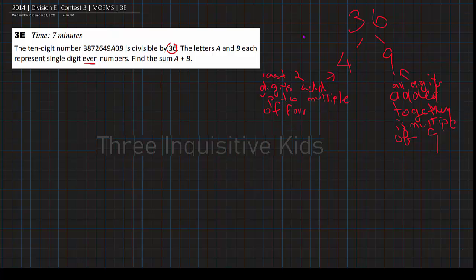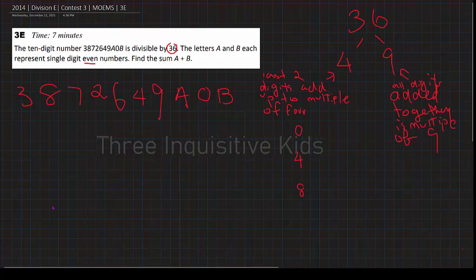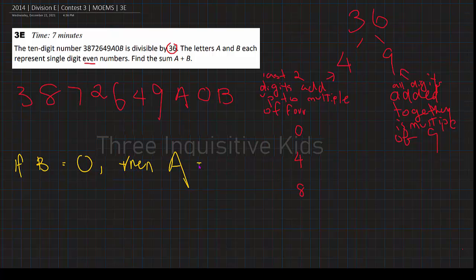So let's first start with the 4. The number 3872649A0B. Digits that are multiple of 4 include 0, 4, and 8. So if B equals 0, then what would A equal?